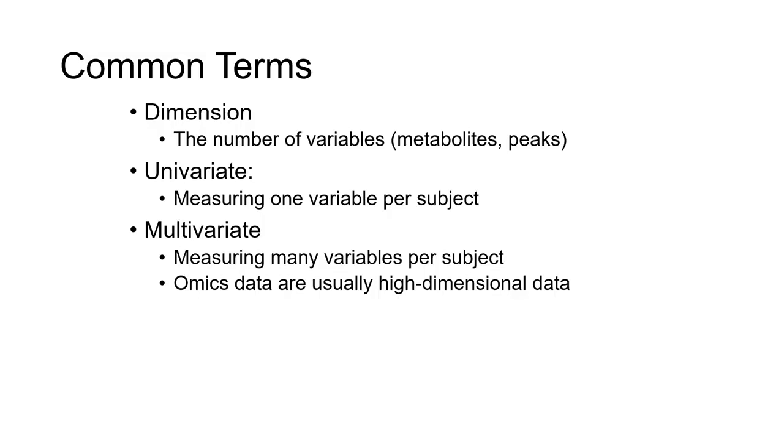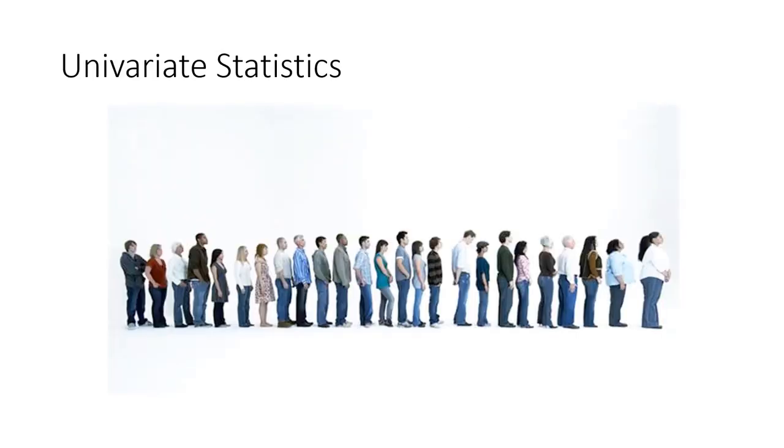Now, let's start off with the simplest data set and the simplest approach to statistics, and that's univariate statistics. For this example, we'll just take a population of individuals, and perhaps we'll just focus on height. There's a collection of about 25 people here, all shown in profile, and we can see some are tall, some are short.